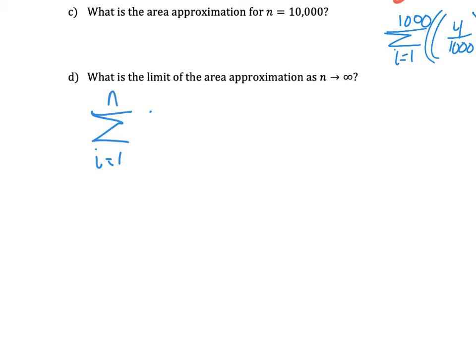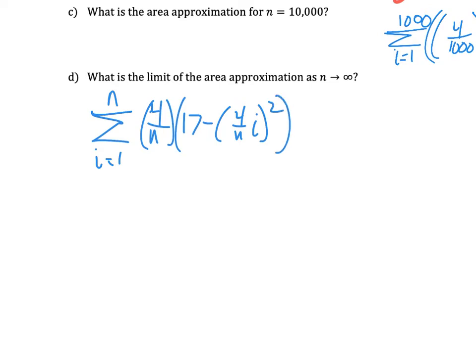And we had 4 over n times f, which was 17 minus 4 over n times i, squared.